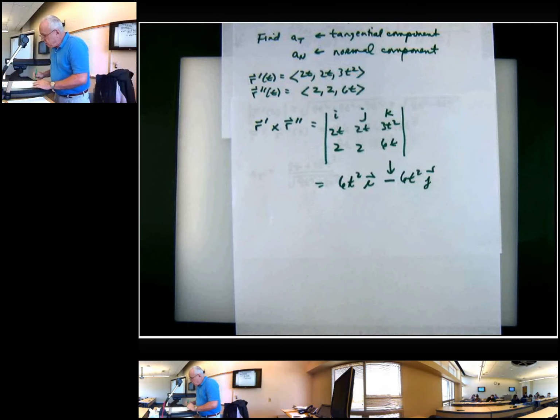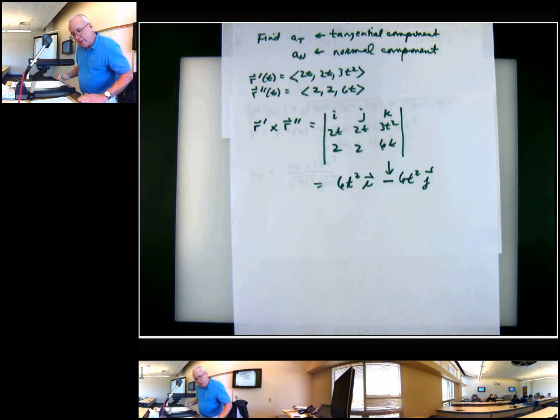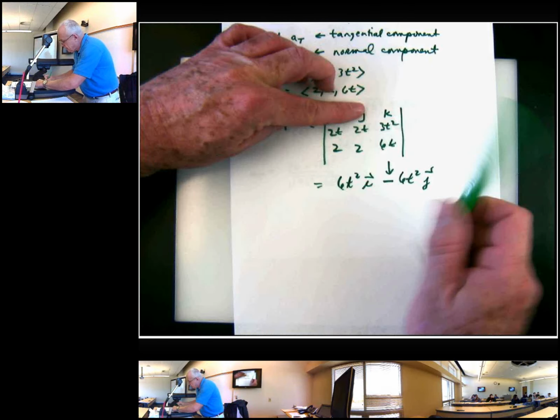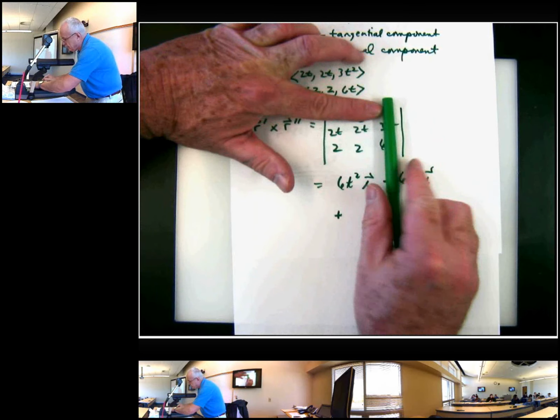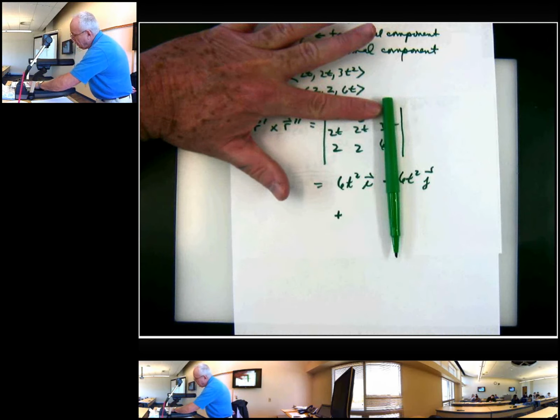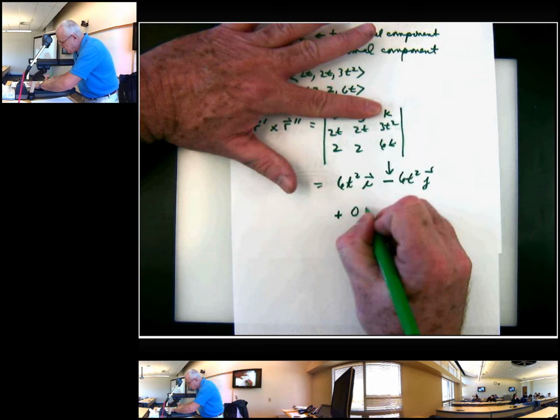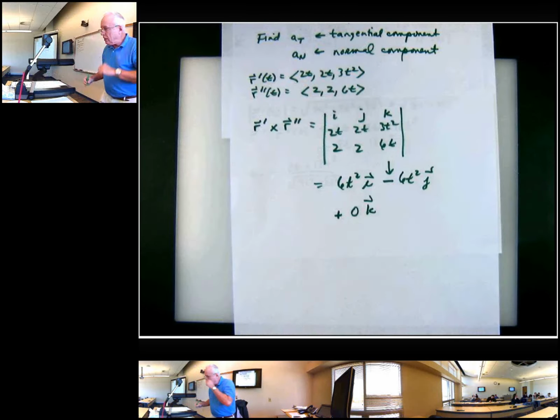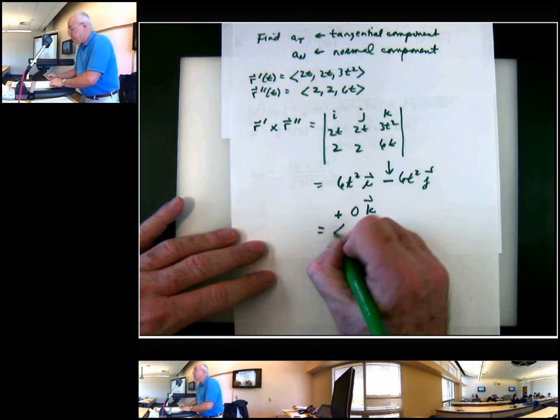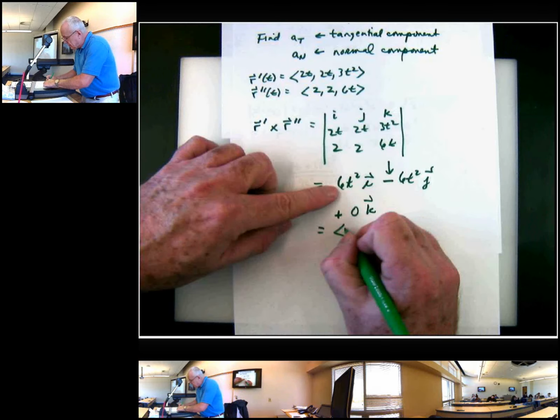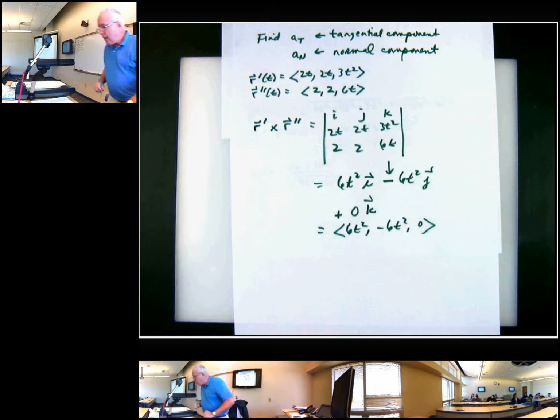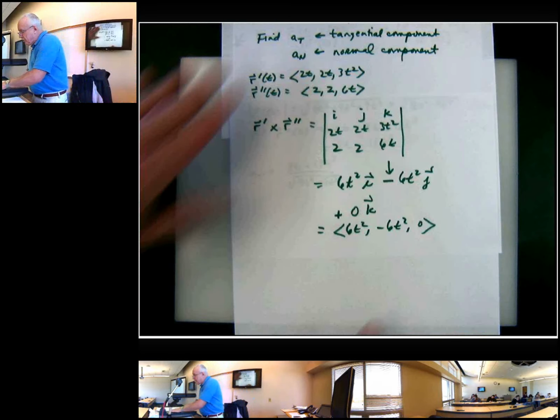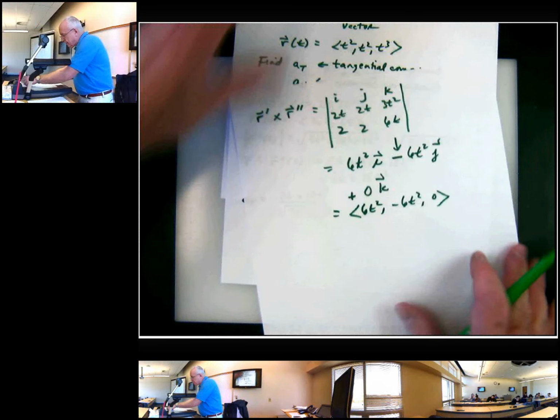And where is our k component? Plus the k component: 4t minus 4t, so that's going to be 0 times the k component. All right. I'm a couple minutes over. This is 6t squared, minus 6t squared, and 0. Now we have to do the magnitude of this cross product.